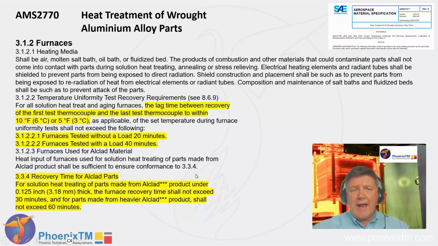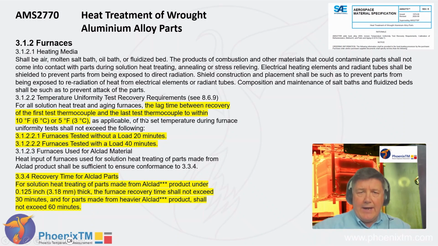If we look at AMS2770 in detail, in section 3.1.2, which relates to the temperature uniformity survey of the furnace itself, there are specific requirements for both recovery time and also an analysis called lag time.